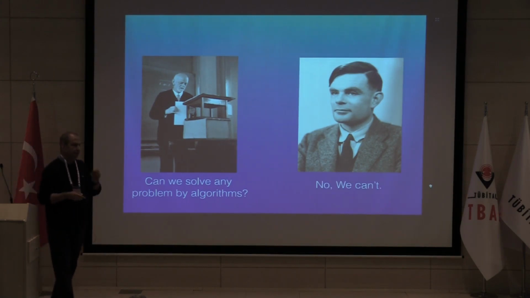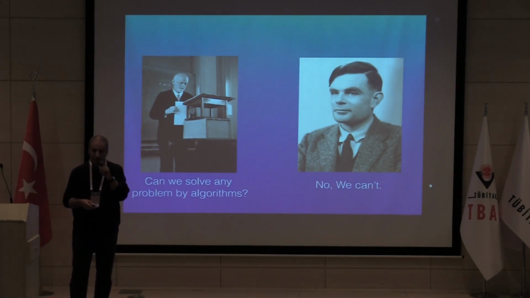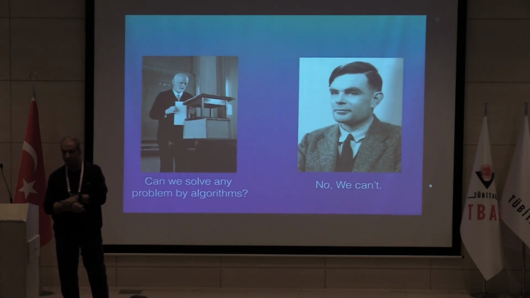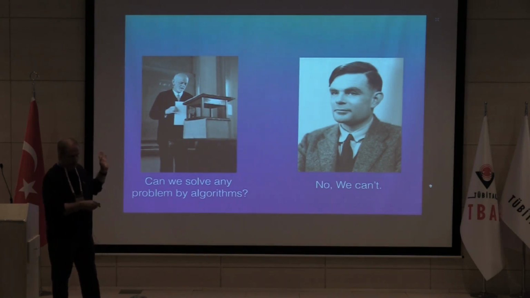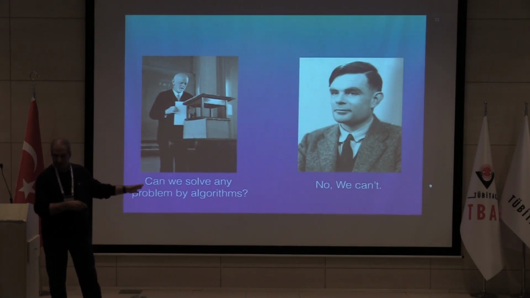Is it just a matter of our deficiency of competence? We can have more complicated and more advanced computers in the future, in the year 3000, for example, to solve mathematical theorems and prove theorems by computers. Can we solve it or not?